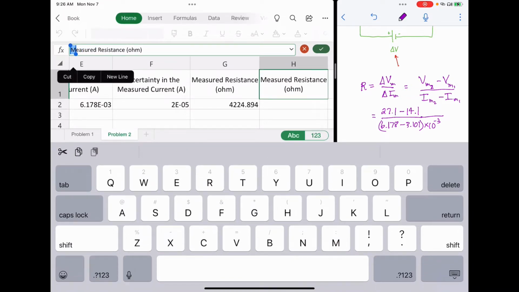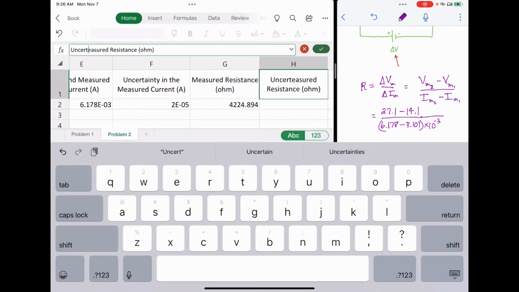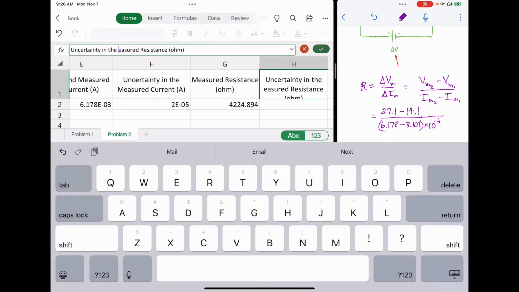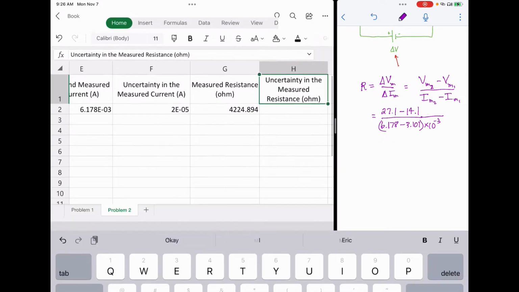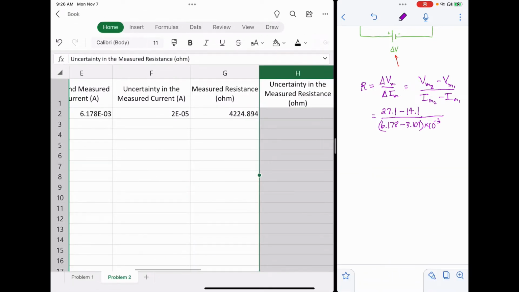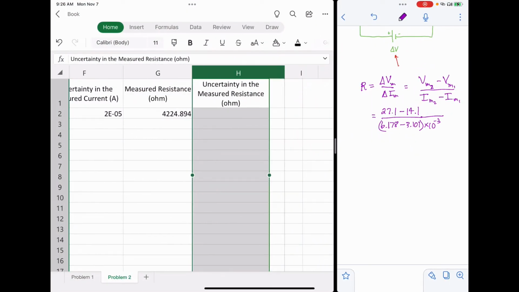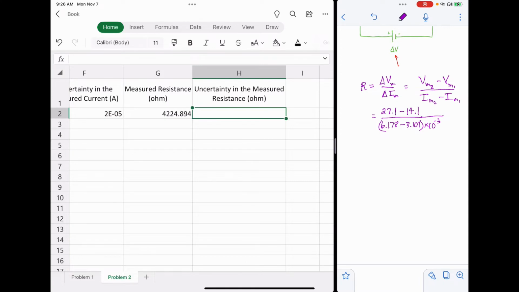So this is the uncertainty in the measured resistance. All right, so there we go.